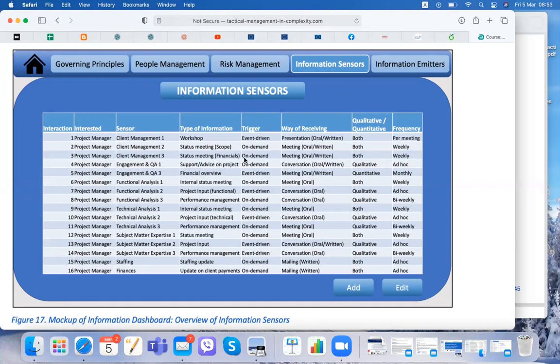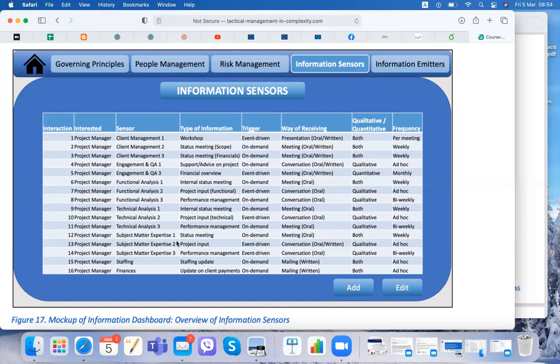Then a status meeting for financials. Okay. Engagement and quality assurance. Support and advice on projects, on demand, in a conversation where you need to pick up the phone and talk to them. It's qualitative information, and it's ad hoc when something is burning. That's how he assessed it. I mean, these are all feedback from the managers.